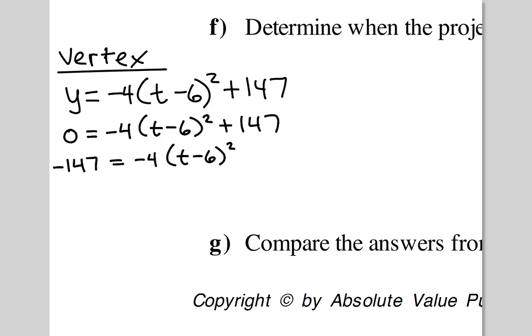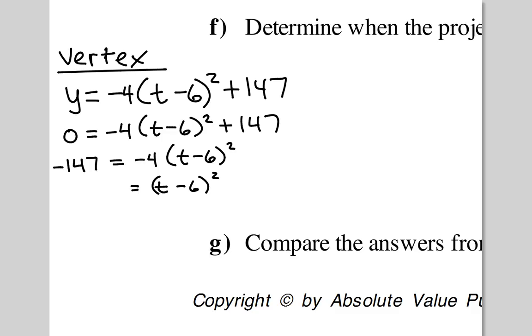Continue to isolate. Divide by -4. 147 divided by 4. The negatives will cancel. You get 36.75. Then we have to square root. And now we're into some issues because now we're losing accuracy.